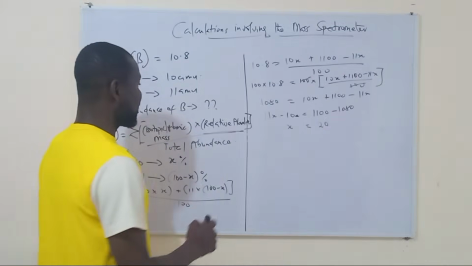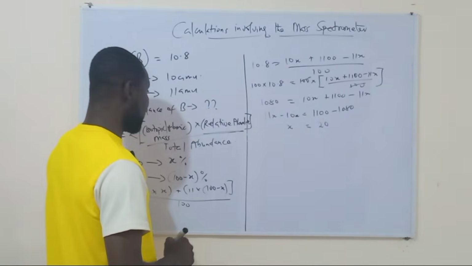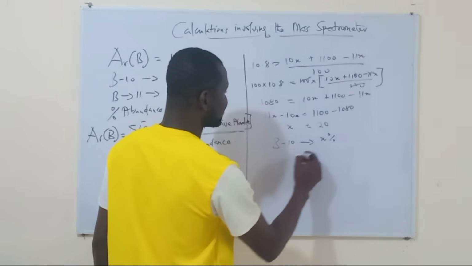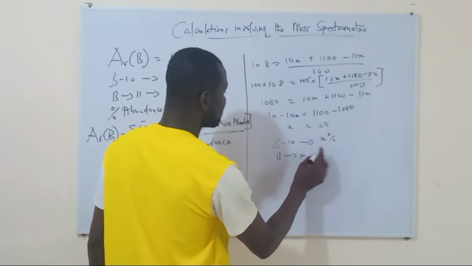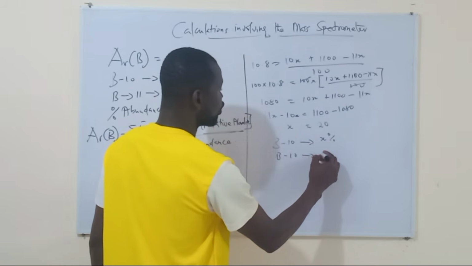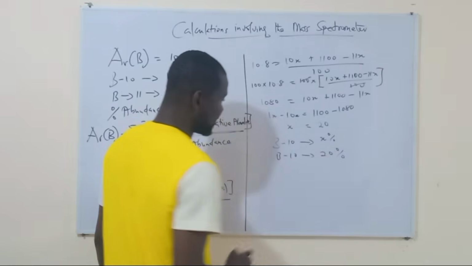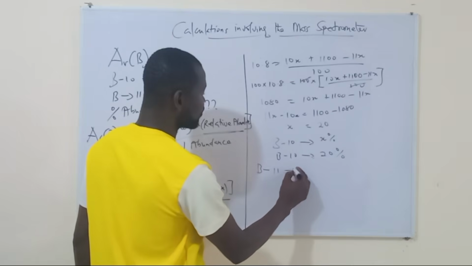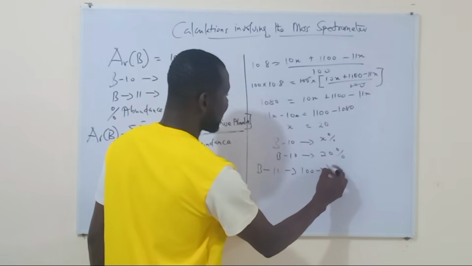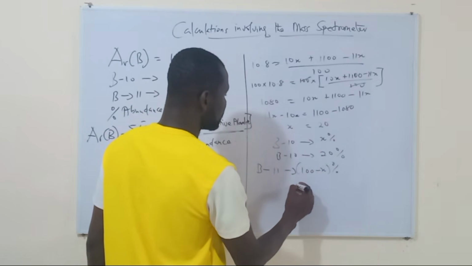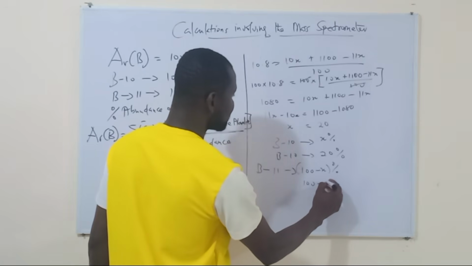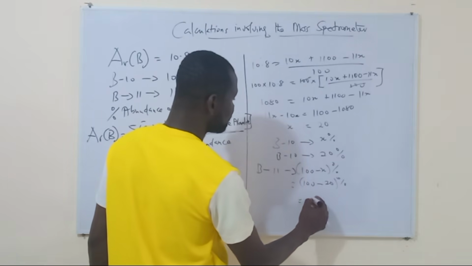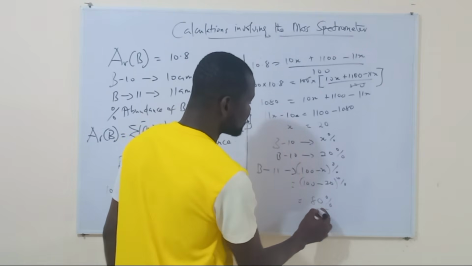So I can now say that for boron 10, I said it was x percent, so boron 10 is equal to 20%. For boron 11, I said it was 100 minus x percent, so it's 100 minus 20%, which gives me 80%.